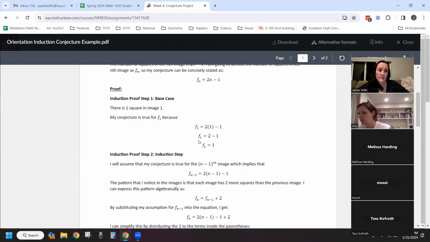So that's the base case. And the base case should always be pretty easy to prove because you're just plugging in a 1. Thank you. Yeah, of course.